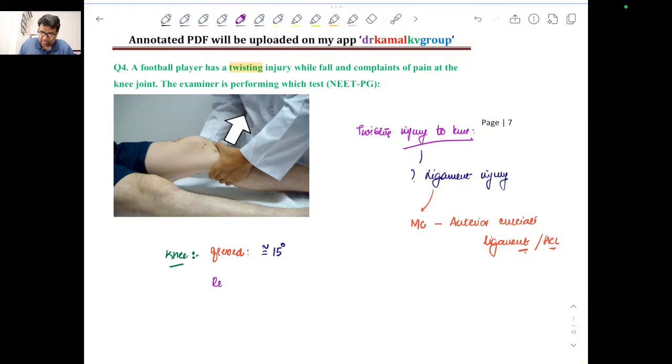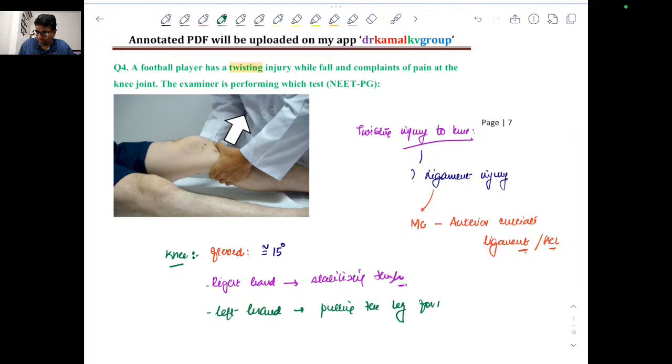By the right hand of the examiner, it is stabilizing the thigh, and by the left hand he is pulling the leg forward. Clear? What he is doing? He is pulling the leg forward.